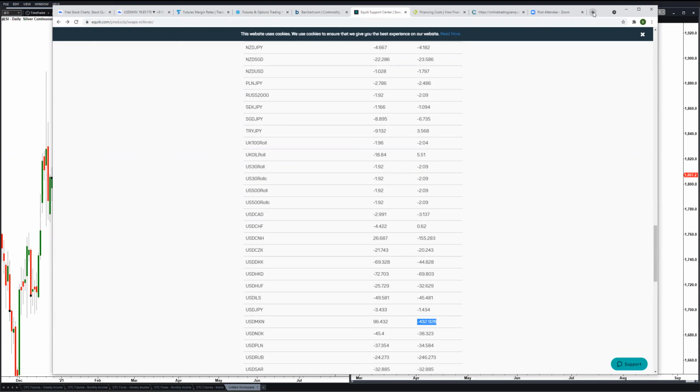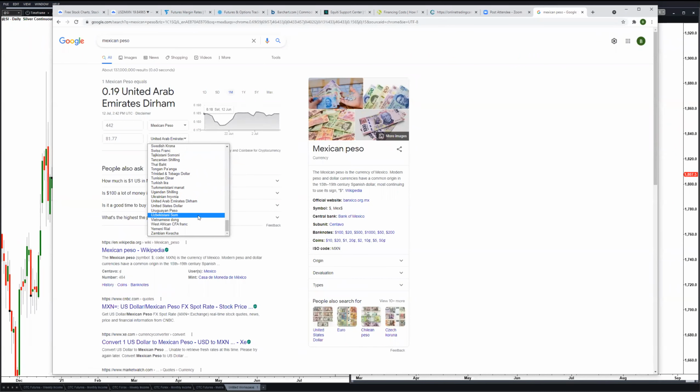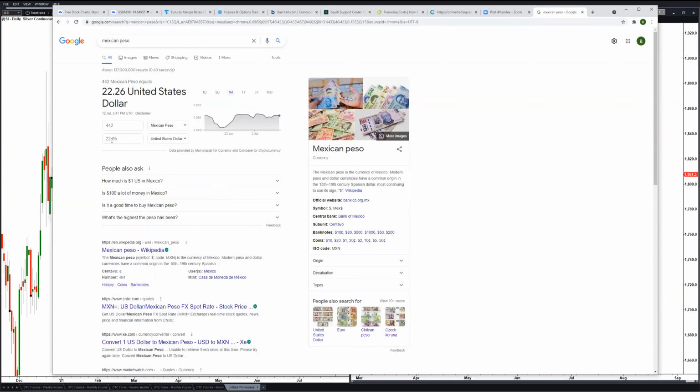Let me just Google Mexican peso. So how much is it? 442 in dollars. So with Equity we pay every day $22 swap interest just by going long.